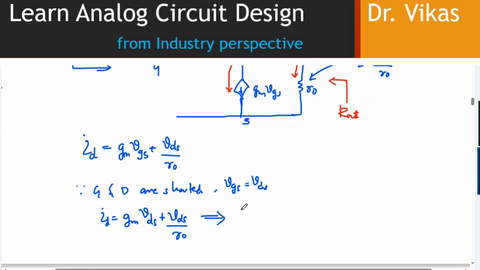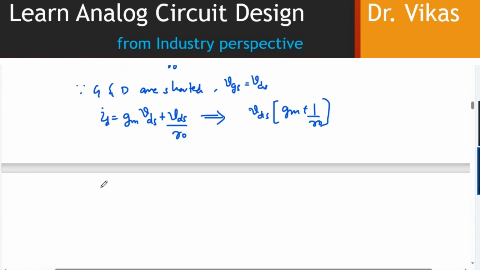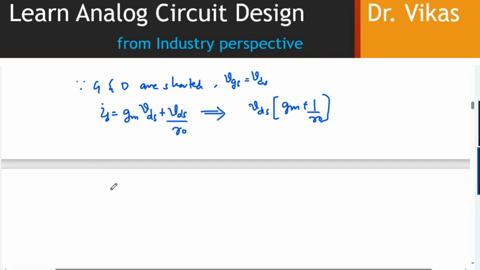Further, let us try to simplify this. I'll take VDS out: Gm plus 1 by R naught. So let us try to further simplify this. I want to calculate the output resistance.